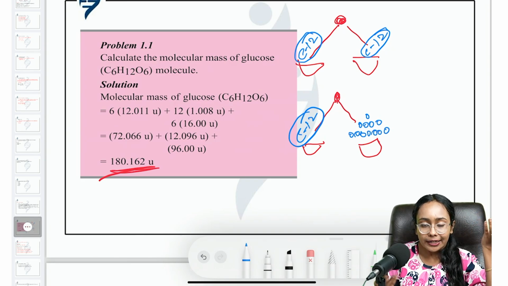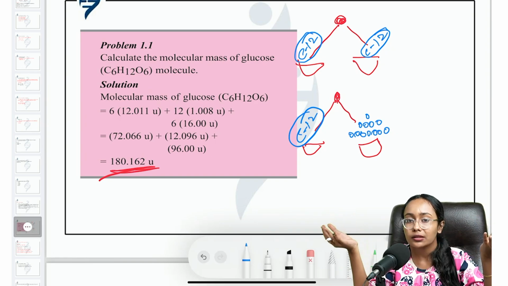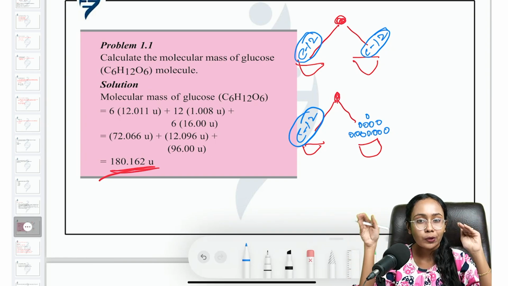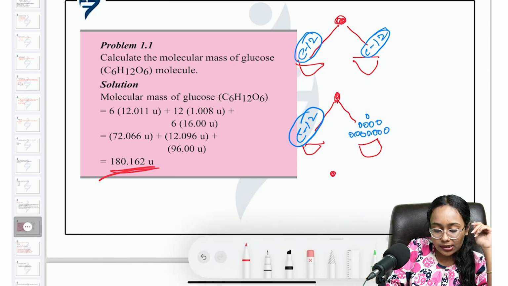Will it be balanced? Yes, of course it will be balanced, because the C12 isotope is in the left pan, and the C12 isotope is in the right pan itself, but it has been divided into 12 units. No difference.